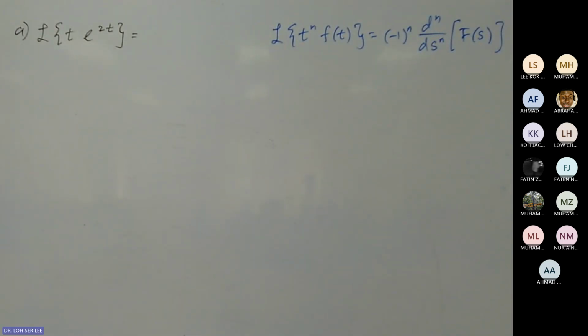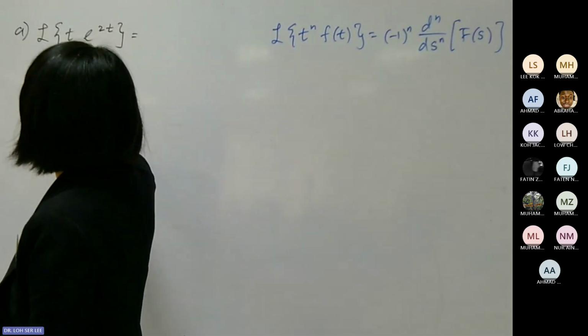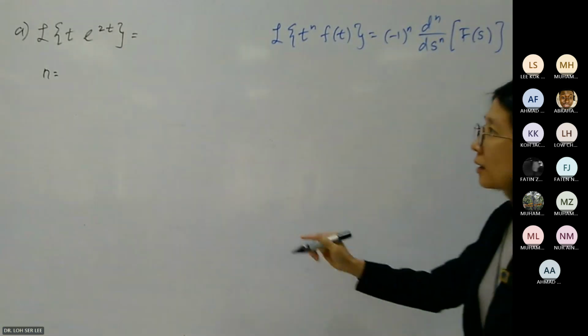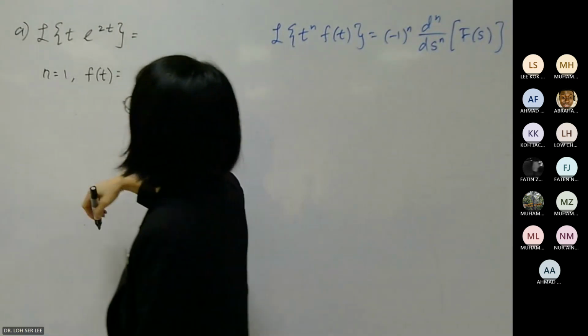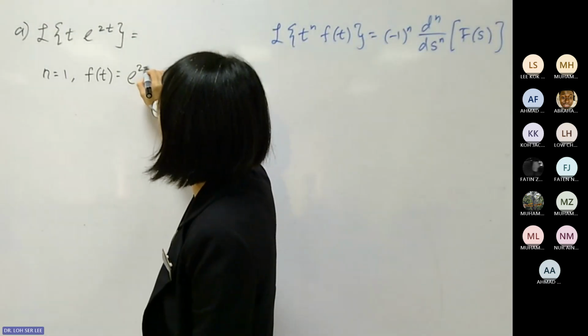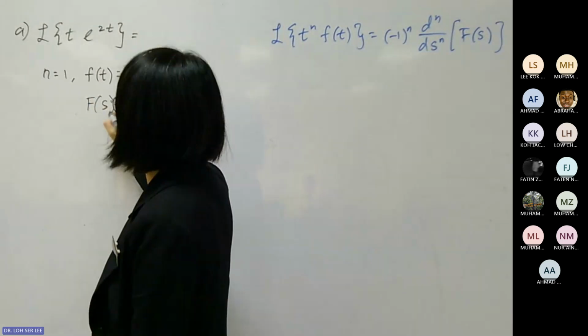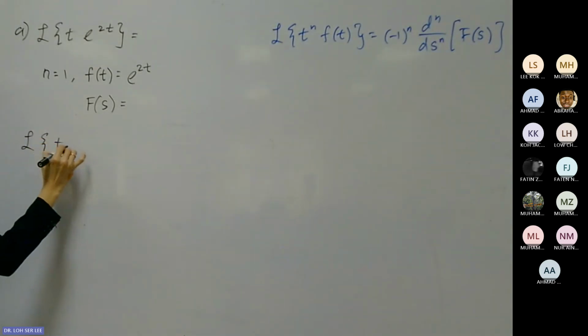So this is the formula. Here identify your n. What is your n? 1. Your n is 1. Your f(t) is e^(2t). So you need to find the F(s). Then you can start to Laplace transform this.